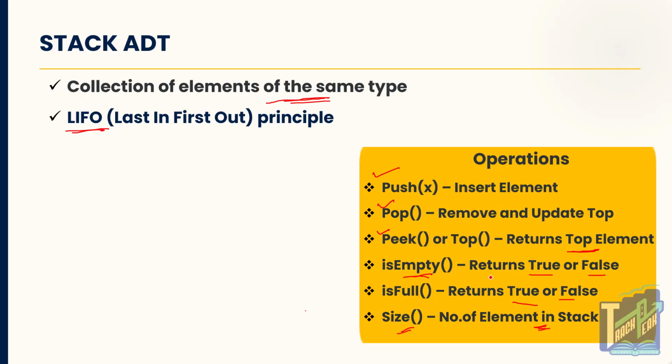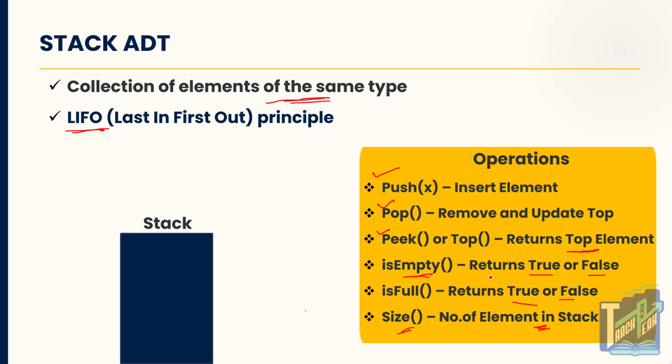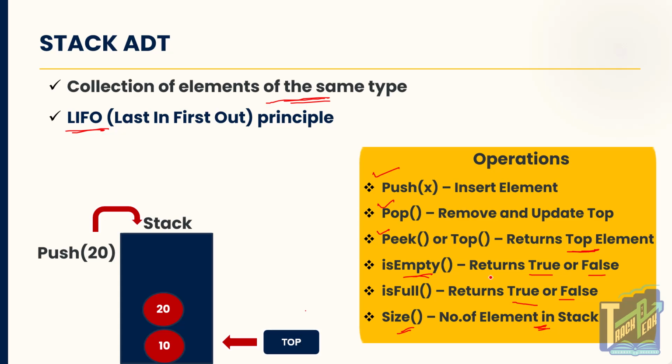Now let us see a simple example here. Here there is a stack which is empty. Now we push the element 10. So the 10 got stored in the stack, and now the top element of the stack is 10. Again we push another element, 20. So the 20 got inserted, and the top got updated. Now the top element of the stack is 20.